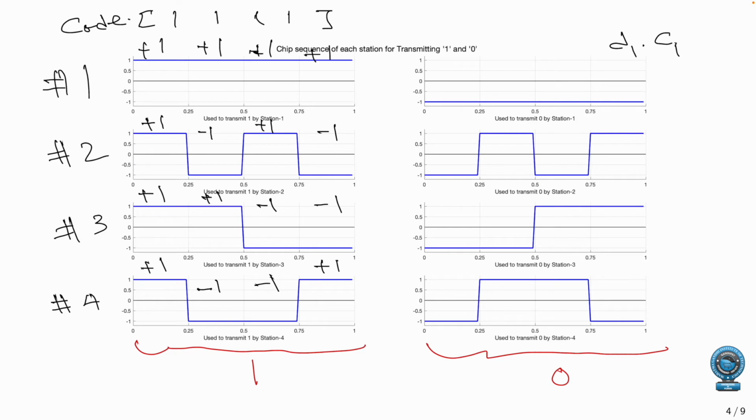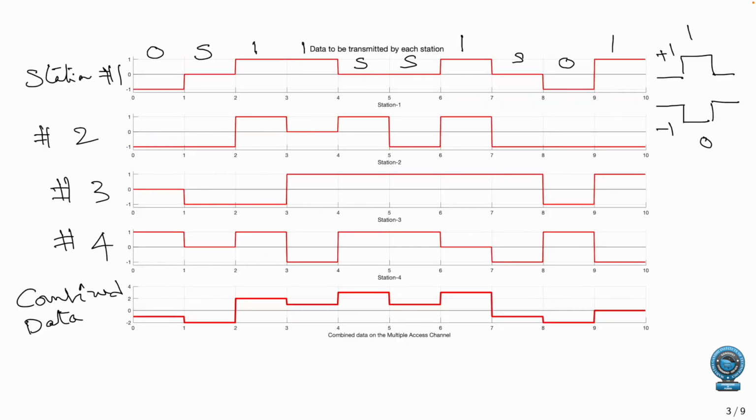Previously, in the original case, the station was just transmitting the D as it is. Here D1 was -1, so it was sending just -1, and D2 was -1 again, so he was just sending -1 here.